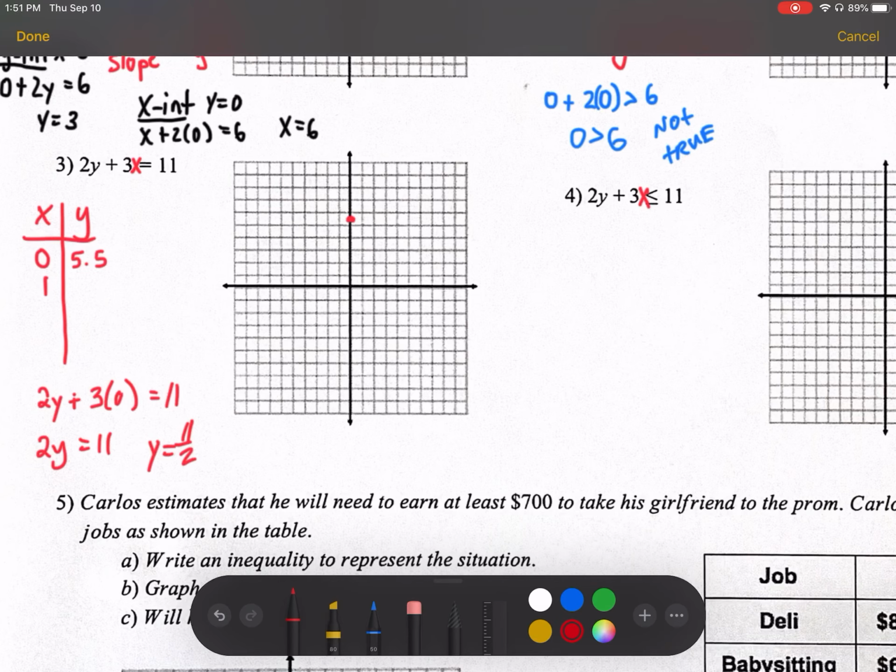Then we could go to 1 and go through the same process. So plug in 1: 2y plus 3 times 1, which is 3, equals 11. Minus the 3, you get 2y equals 8, so y is 4. So 1, 4. Let's try 3.